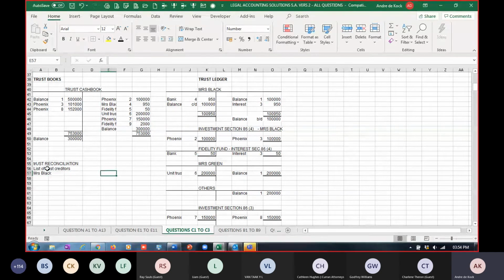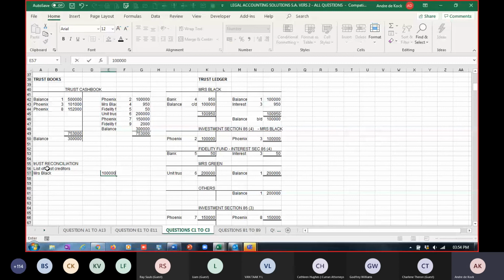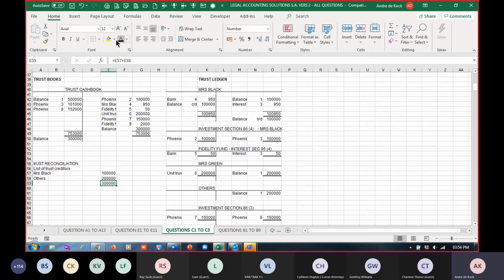And what is the amount we owe Mrs. Black? 100,000. We've got others, and it's 200,000. Now we've got to add that plus that. The total is 300,000, and we will then just underline that.